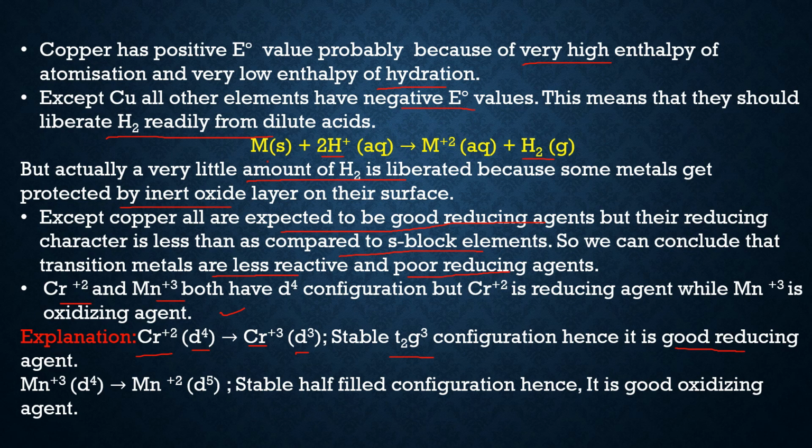On the other hand, Mn plus 3 has d4 configuration, and when it is converted into Mn plus 2, that is d5 configuration, which is the stable half filled configuration, Mn plus 3 is reduced in this reaction, so it acts as a good oxidizing agent. Hence Cr plus 2 and Mn plus 3 both have d4 configuration, but Cr plus 2 acts as a reducing agent while Mn plus 3 acts as an oxidizing agent.